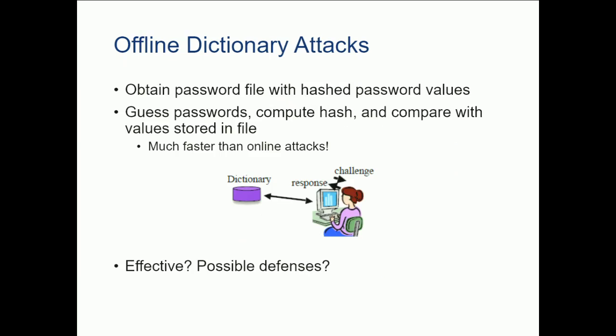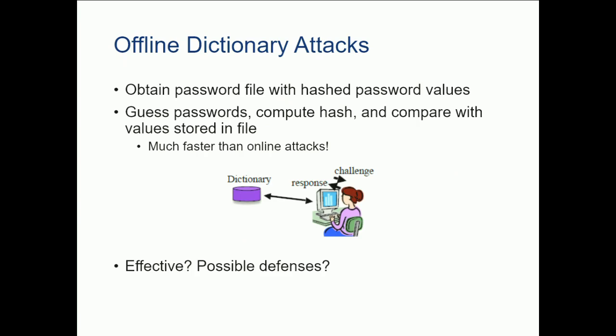And there's another version called the offline dictionary attack. Here the idea is that the attacker has already gained access to the password file stored on the server. The password file is essentially a list of usernames and passwords.